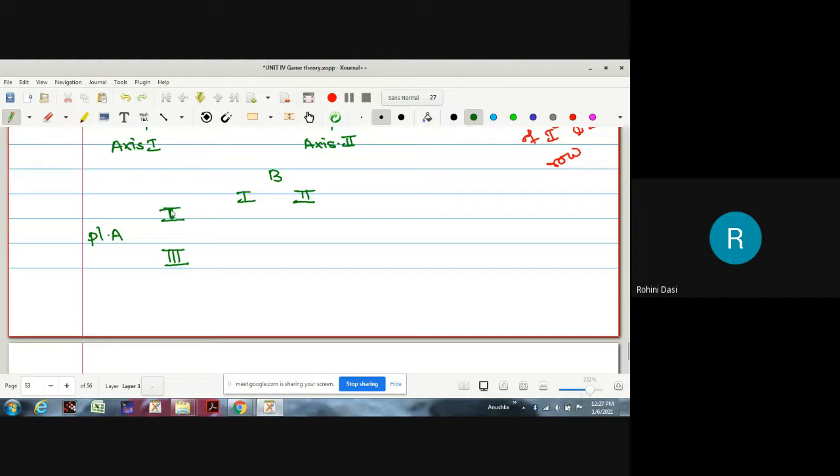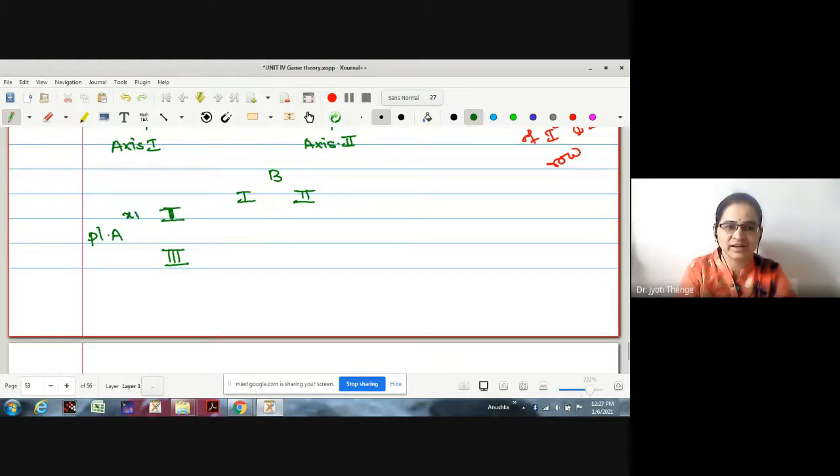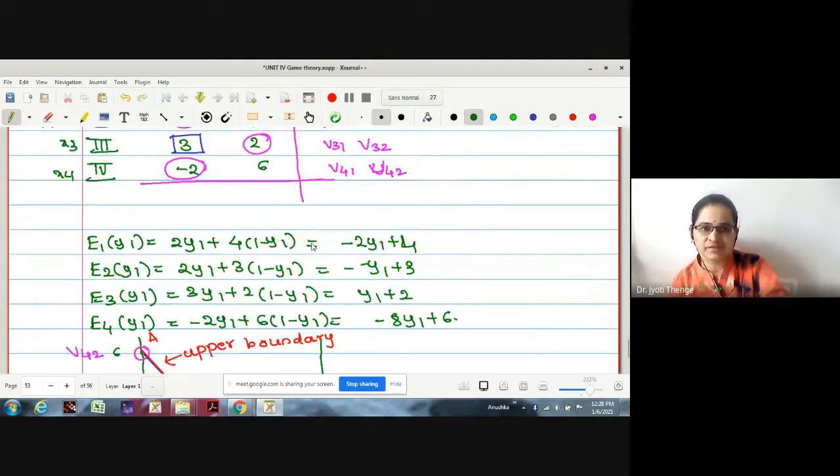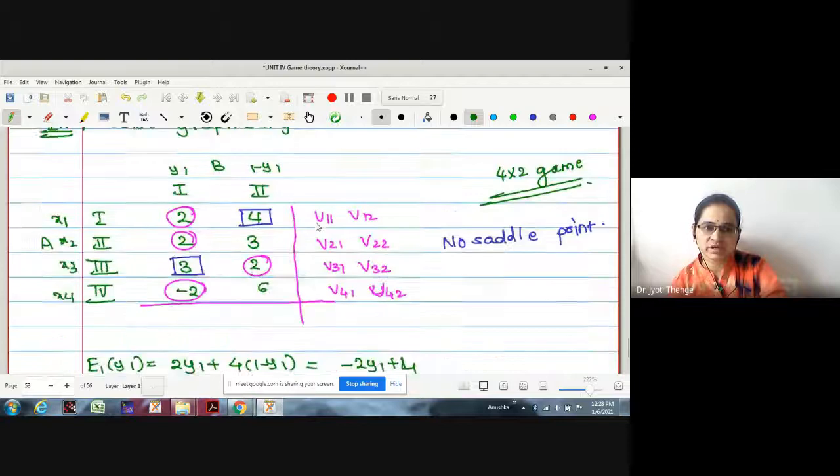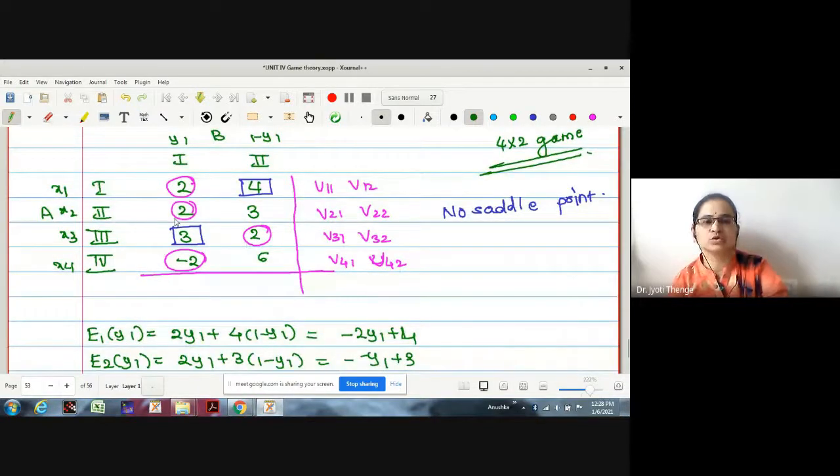Yes, ma'am, first and third. I forgot actually. So let me write the probabilities x1, x3, y1, y2, and the entries. First is 2, 4. Third is 3, 2. These are the entries.